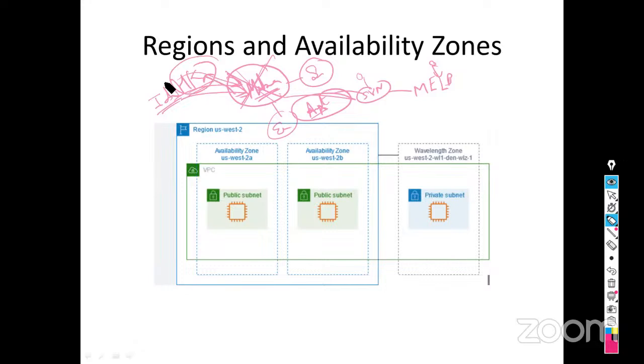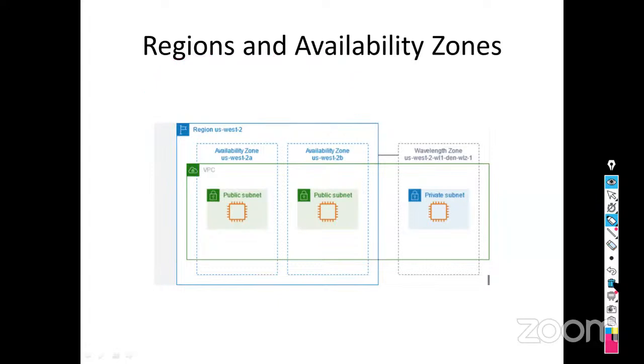A region is basically a geographical location where you want to deploy or launch your services based on your office. And within that region, let's suppose I picked the Mumbai region, so this is my Mumbai region.